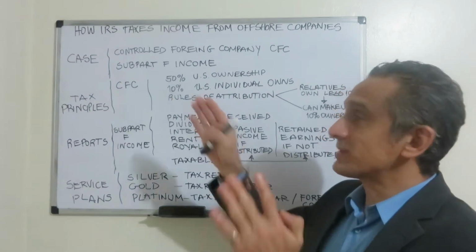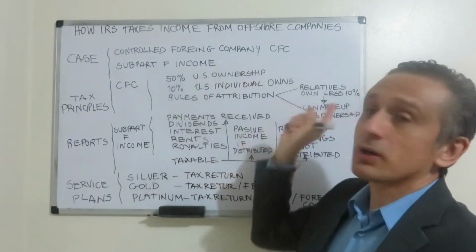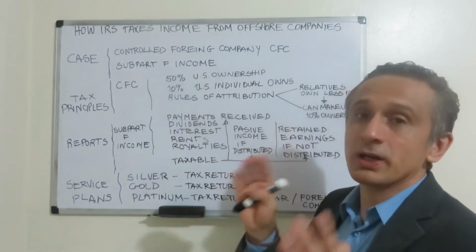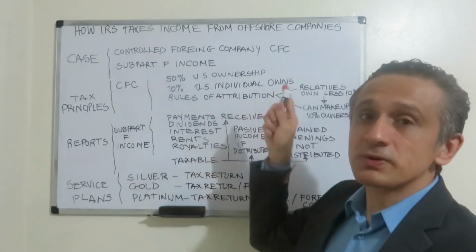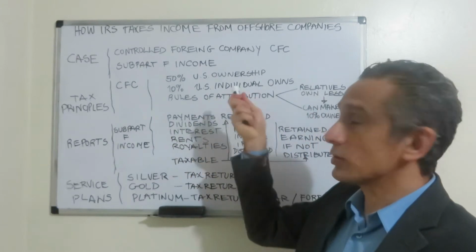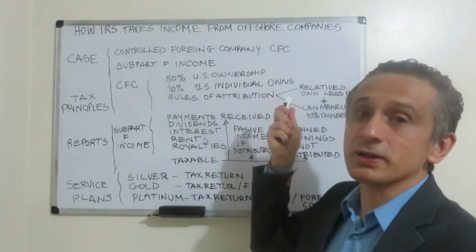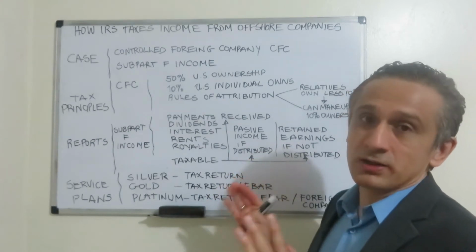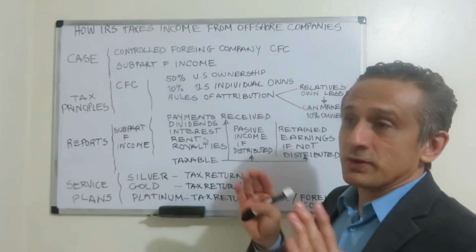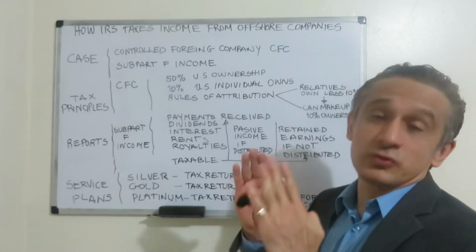Now, in terms of tax principles, a controlled foreign company is classified as such when at least 50% of the ownership of the company belongs to citizens of the United States. This is the concept of controlling.